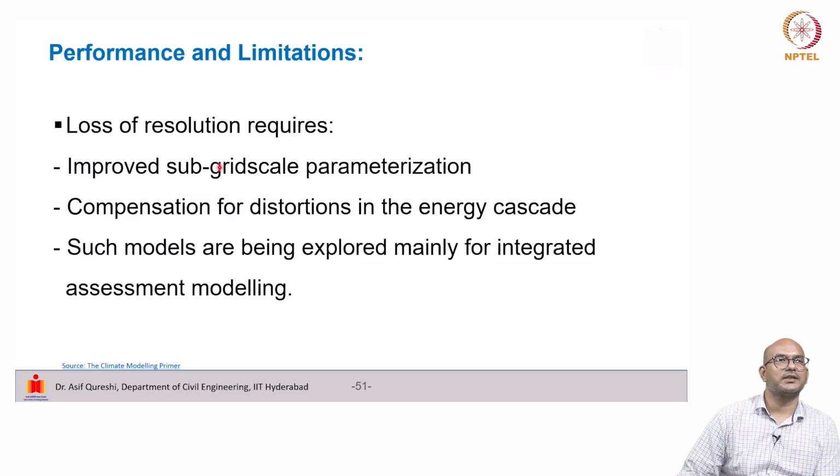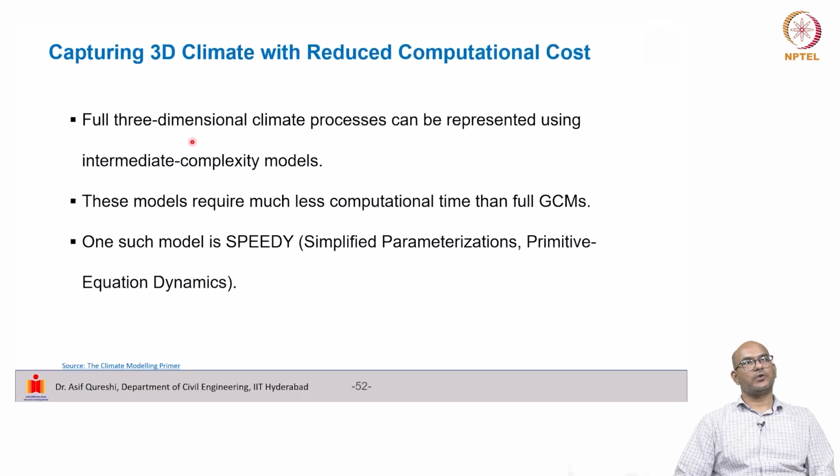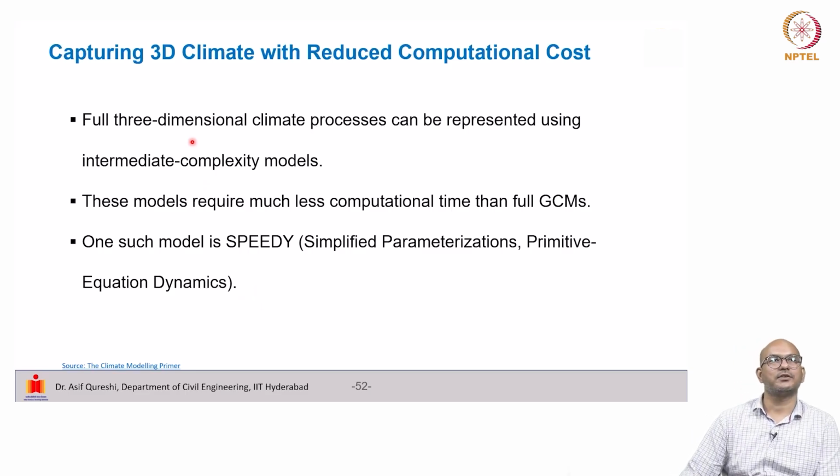These models are mainly used for IAMs, integrated assessment modeling. So, how do we capture 3D climate models with reduced computational cost? What we do is represent the full three-dimensional climate processes using the intermediate complexity models.